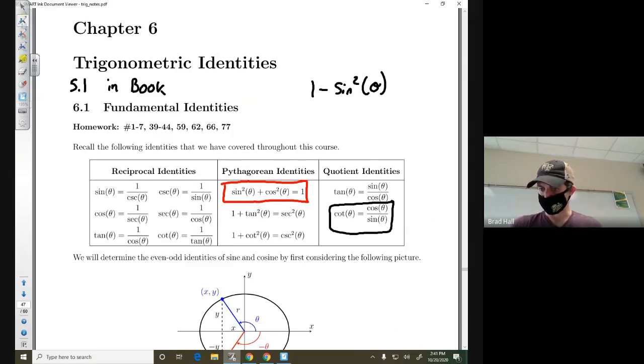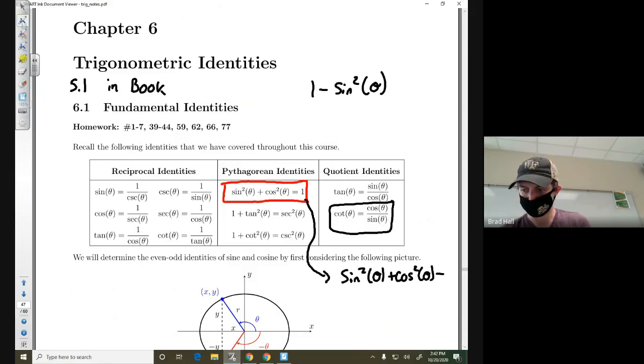Now I look at the formula sheet and I don't see anything immediately with 1 minus sine squared of theta. However, that thing we used before says that sine squared of theta plus cosine squared of theta is equal to 1. Well, what happens if I subtract sine squared of theta on both sides? Well, that's kind of interesting.